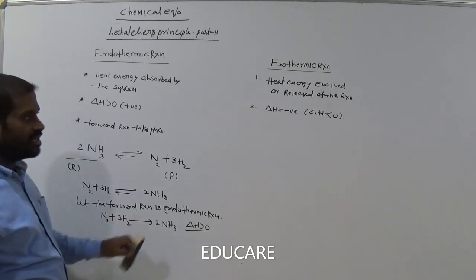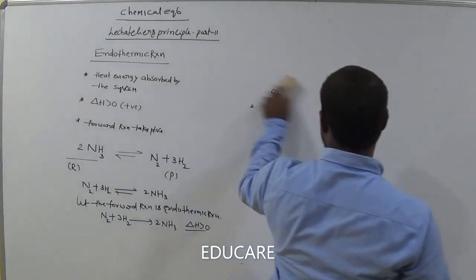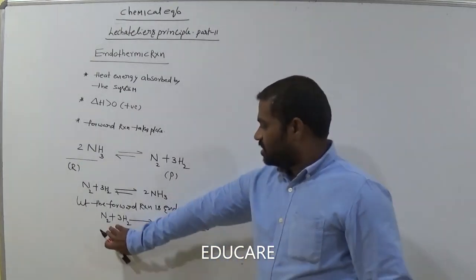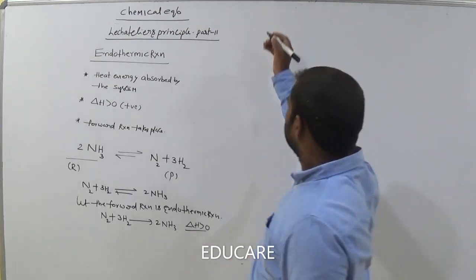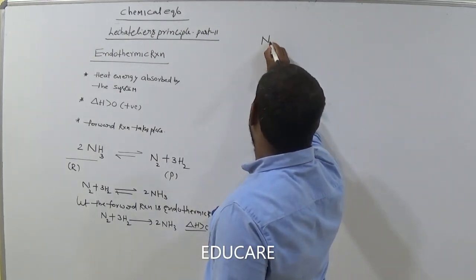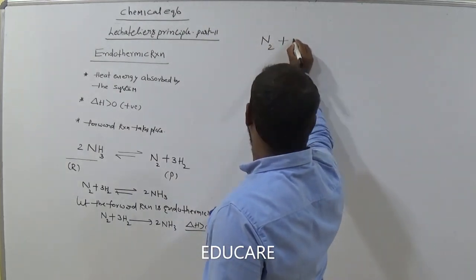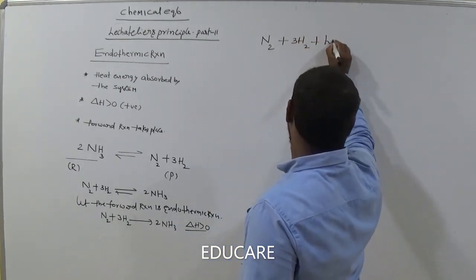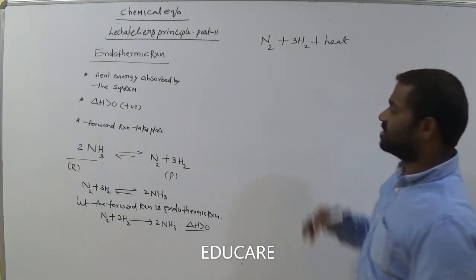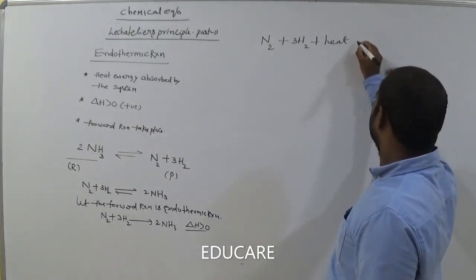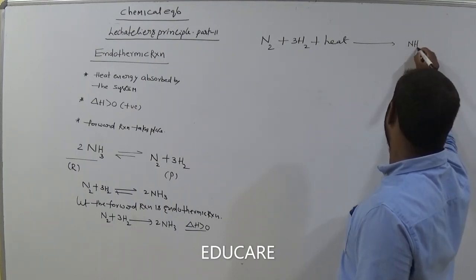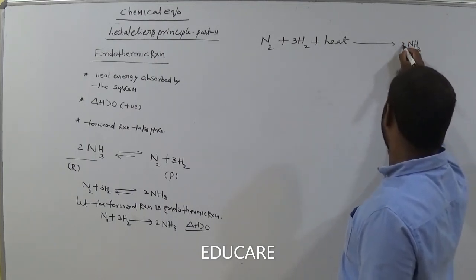So endothermic reaction means we offer some heat energy to the reactants. So now N2 plus 3H2 plus heat energy offered to the reactant side gives the product 2NH3.